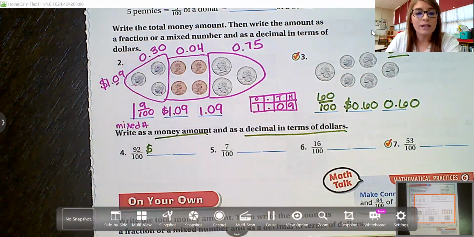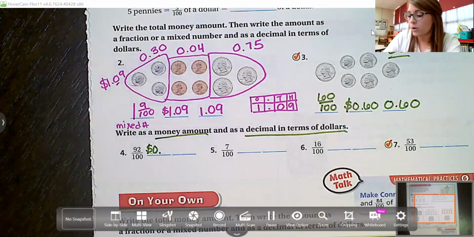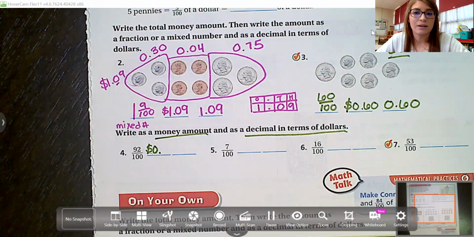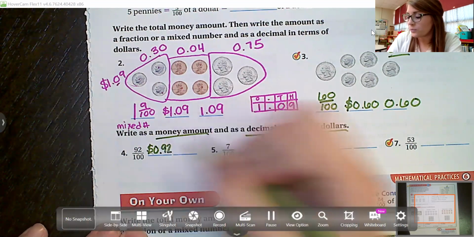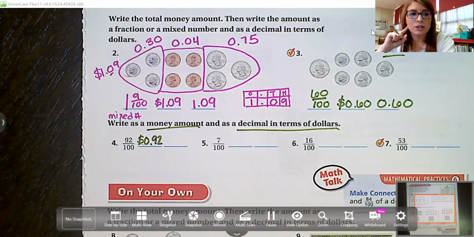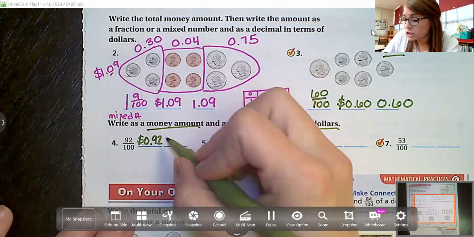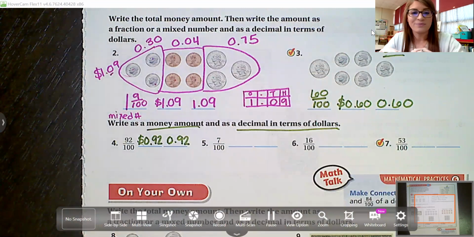Do we have any ones? No, we do not. So that will be 0 decimal point. And how would I write 92 as hundredths? Very good. 0 decimal point 92. And what would that decimal in terms of dollars look like? Yeah, just like the money amount, just without the dollar sign in front of it.